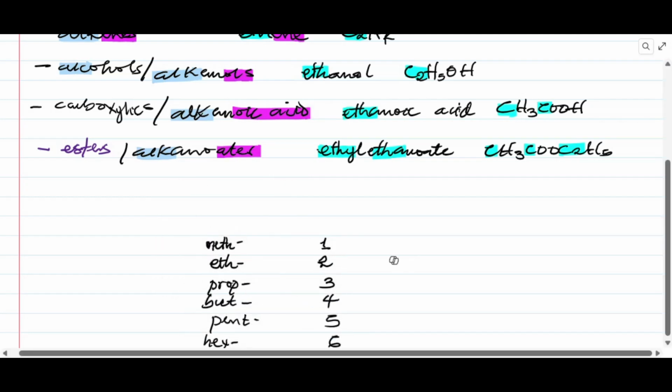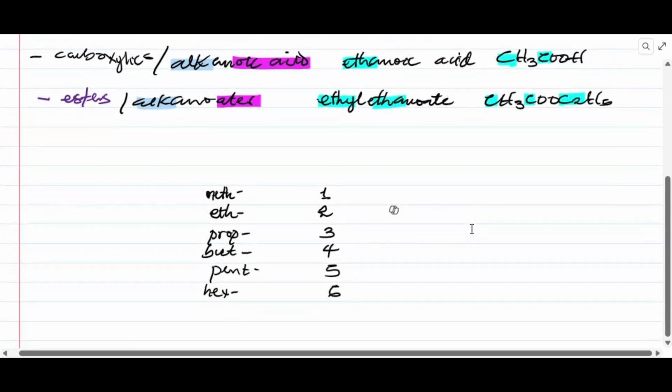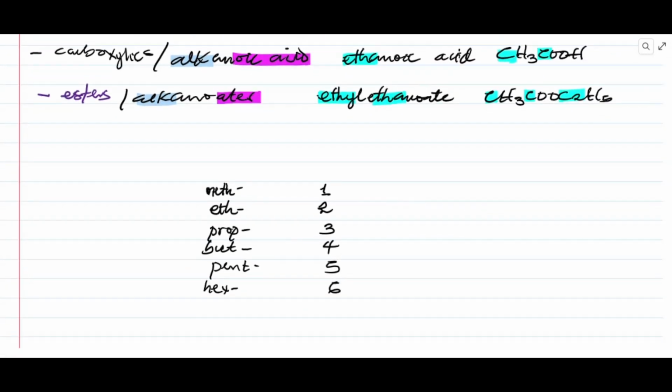If the compound belongs to the alkane family and it has only 1 carbon atom, it's going to be CH4. This molecular formula is not needed yet. Let me start with the name. It's going to be methane. Meth and ane. So methane has this molecular formula, CH4.